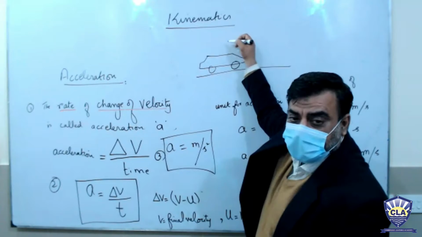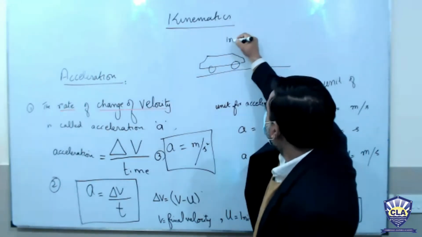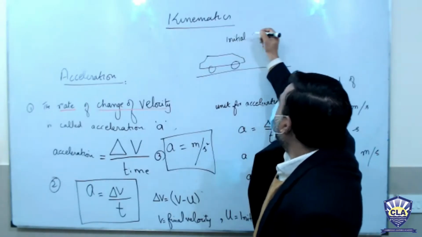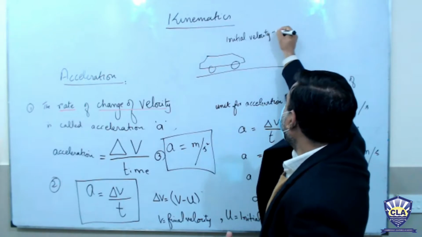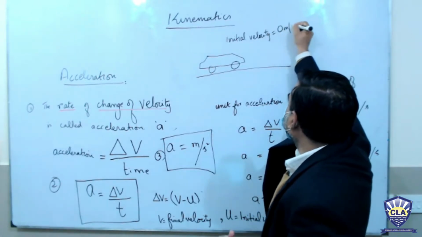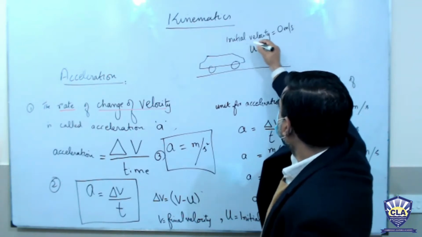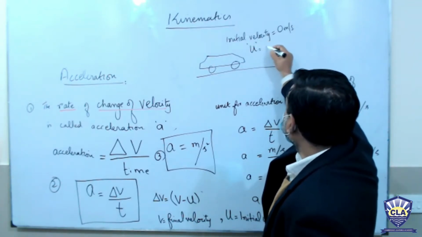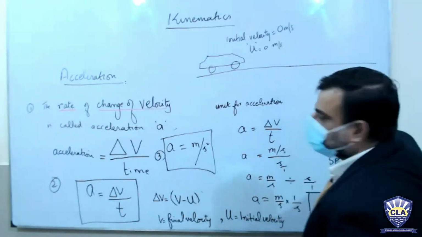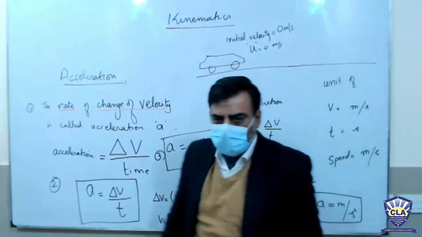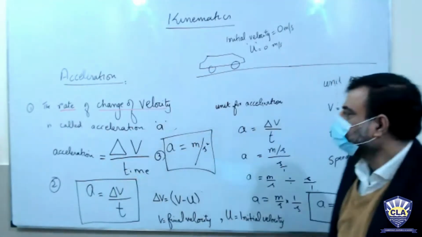What is its speed and what is its initial speed when it is at rest? Speed or velocity? 0 meters per second. So initial velocity is denoted by u. That is 0. After some time, you just press the accelerator and gain the speed.